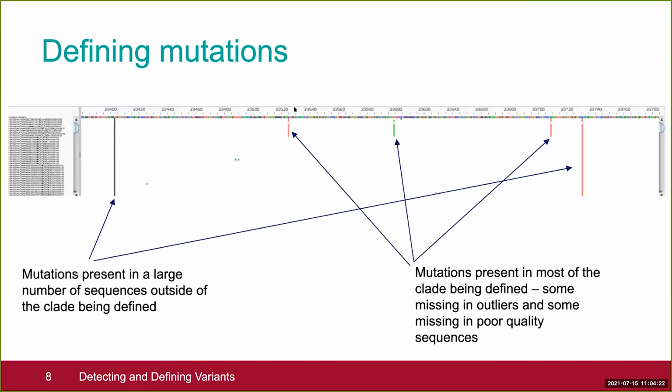And then when you find your groups of mutations like the three in this image, you have to make a judgment about whether those mutations are going to be informative. You can see that in this example, the specific mutation is missing in 1 or 2 sequences. You have to make a judgment call about the quality of those sequences and decide whether it's missing because the data is poor or because it actually isn't an informative position.